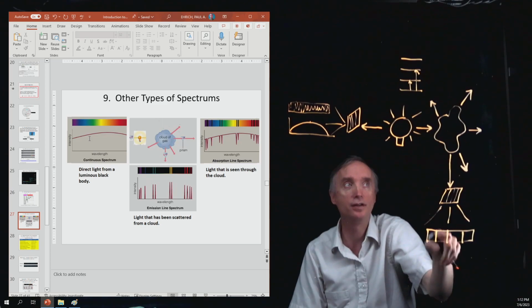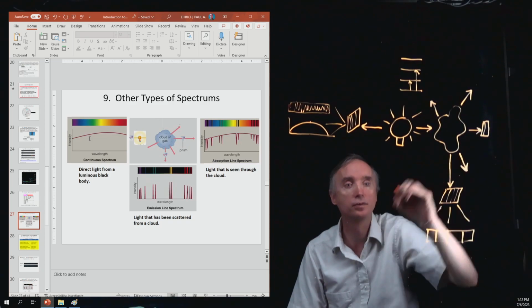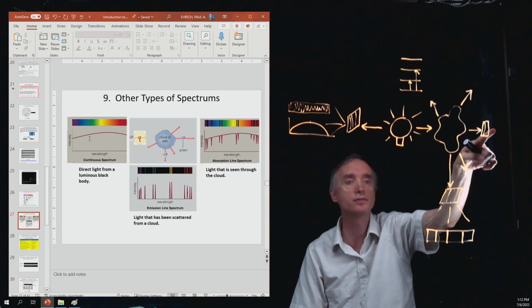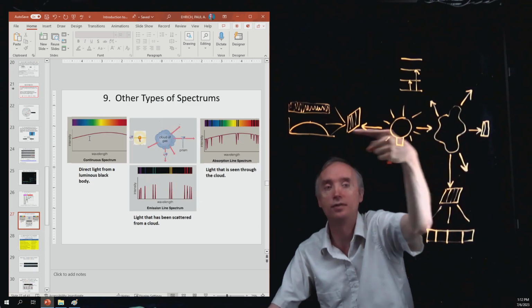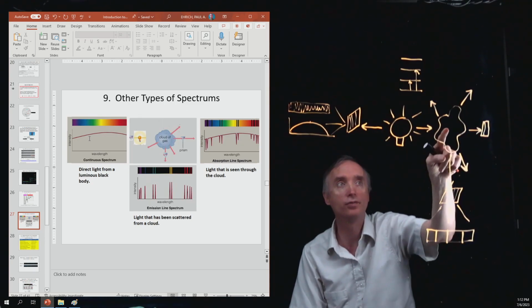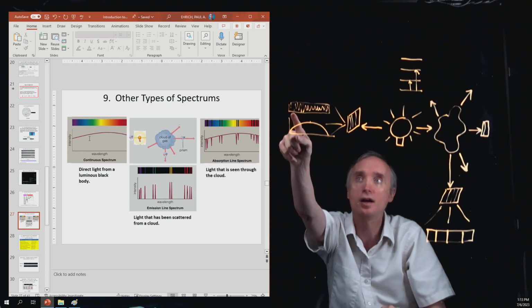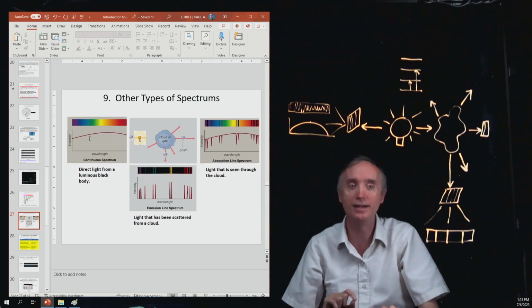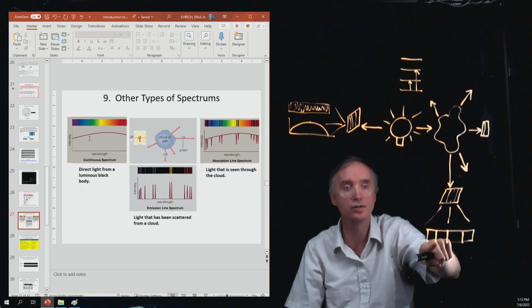Now what would happen if we put our diffraction grating over here? Now what's going to happen? So the light from the cloud is going to go through this, and if you put your eyeball over here, so you're looking in this direction, you're looking through the cloud at the light bulb. So what you're going to see is going to be all the colors that are being emitted by the light bulb minus the colors that were scattered, these colors here.